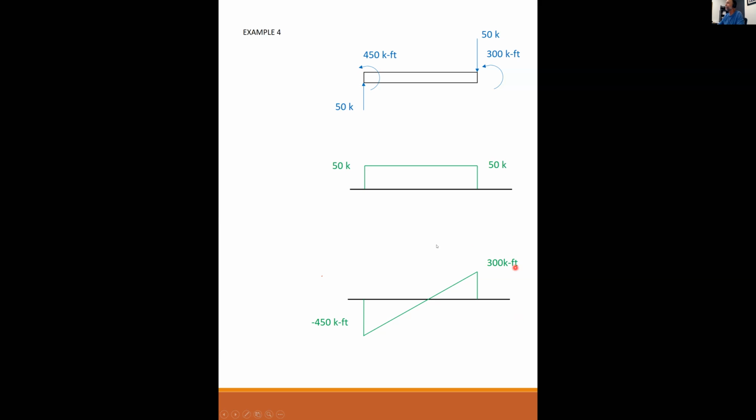And if you get to the moment diagram, and let me just do this. I know we're almost out of time, but if you drew the moment diagram like this, and you said this is 450 and this is minus 300, that is not arbitrary. That is not to your whim of which way you want to look at it.